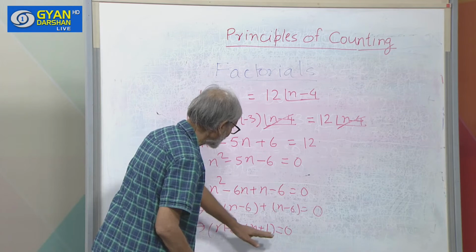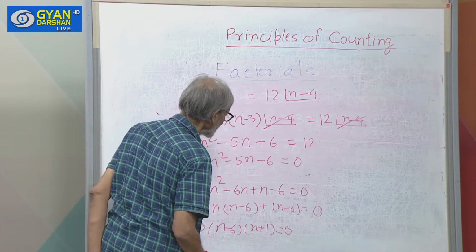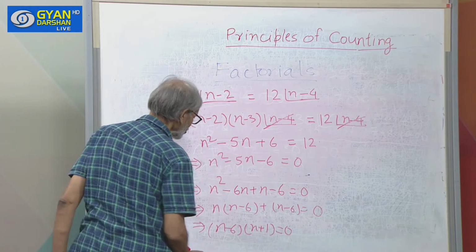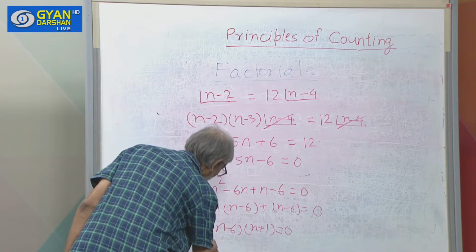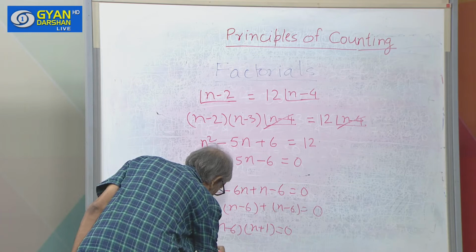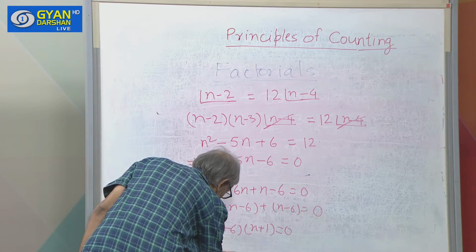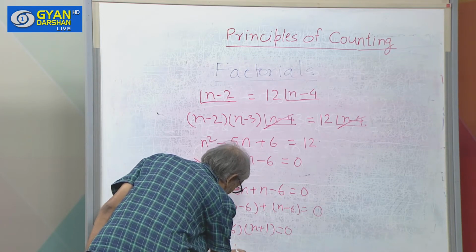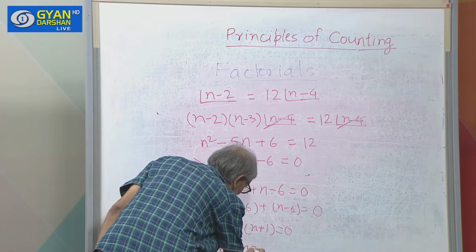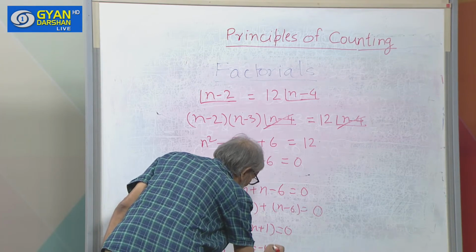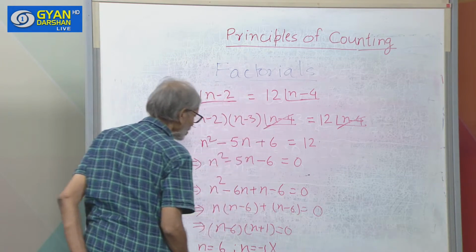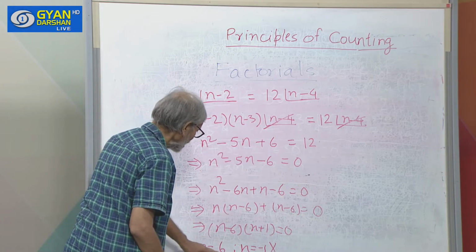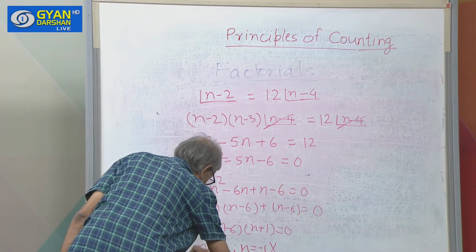Since these two factors multiply to 0, either this will be 0 or this will be 0. So, n is equal to 6 if this is equal to 0, or n is equal to minus 1. This is not possible because n is an element of natural numbers. So, n is equal to 6 we will take.